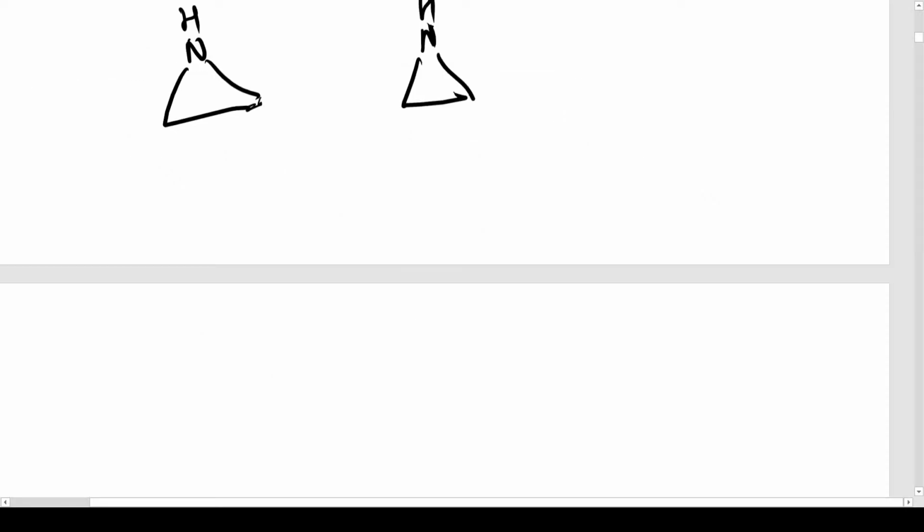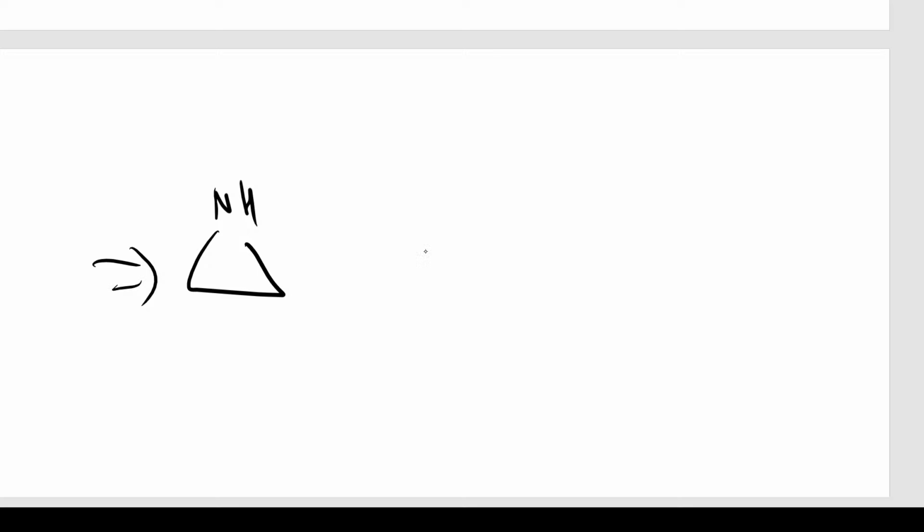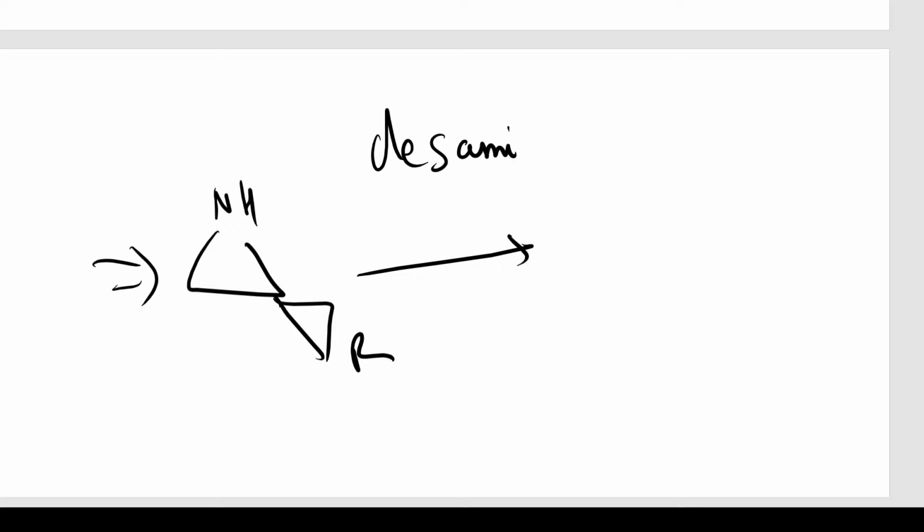So now we know how to get them. Now we want to know how to remove this amination, how to remove this NH.